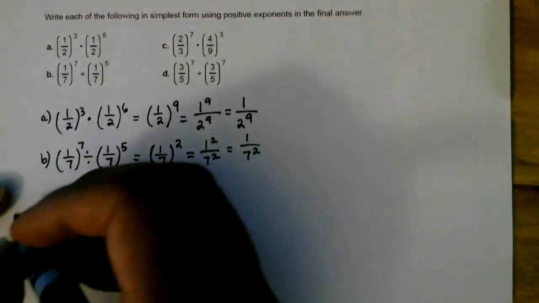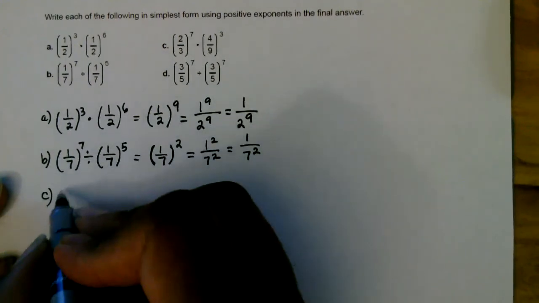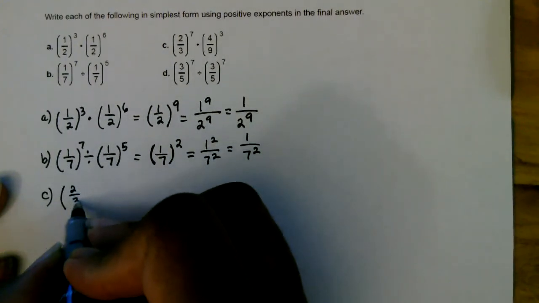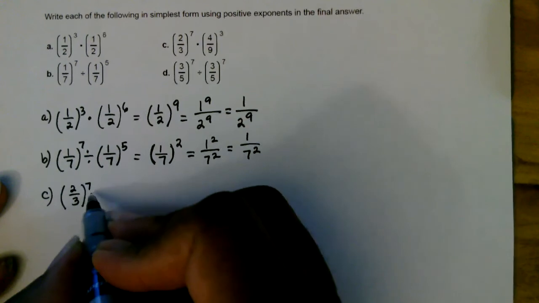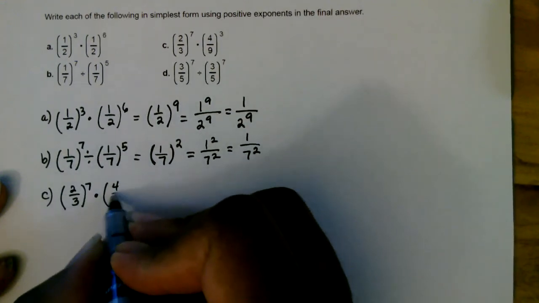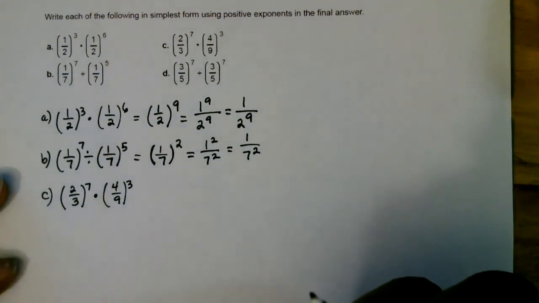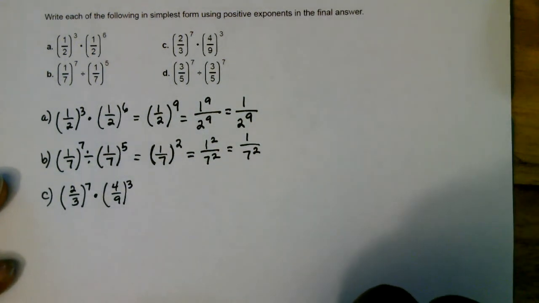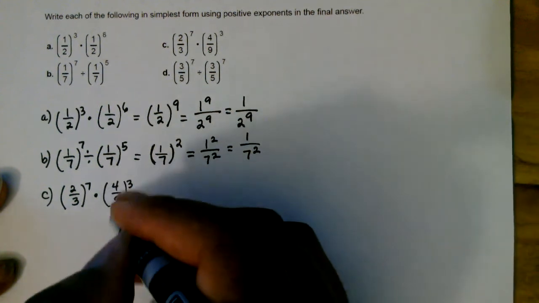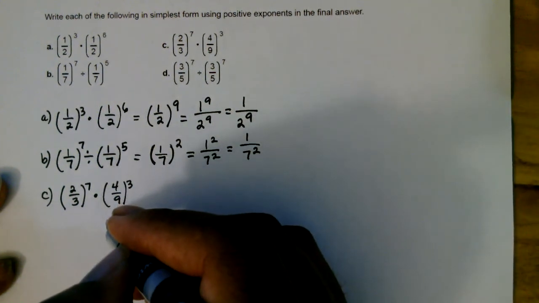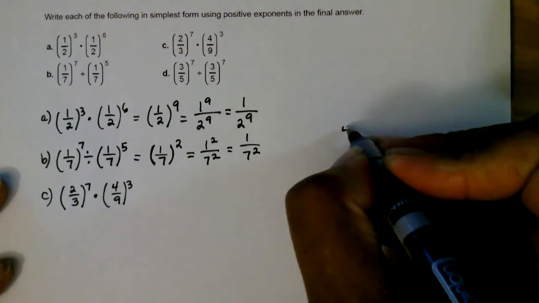Now let's look at part C. Here we got 2/3 raised to the 7. And this time it's multiplied by 4/9 raised to the 3rd. Let's do something with that 4/9. I know something about 4/9.